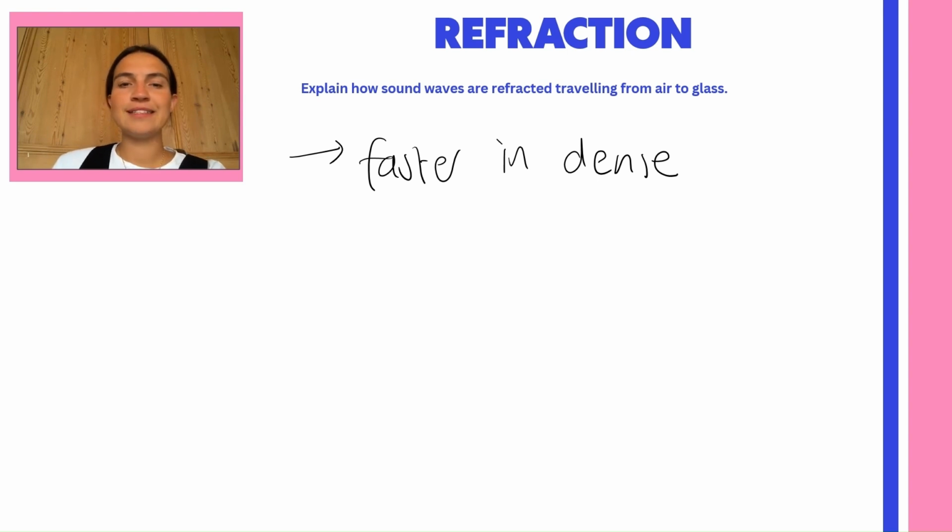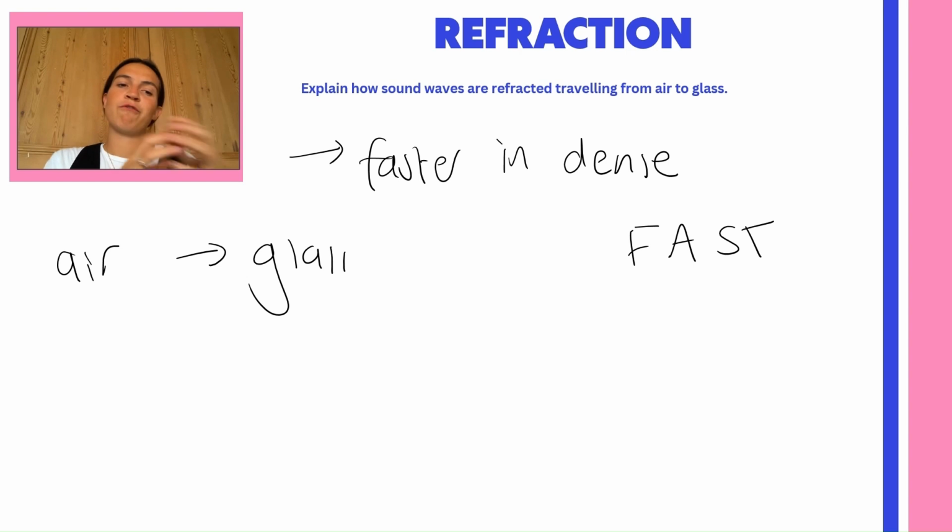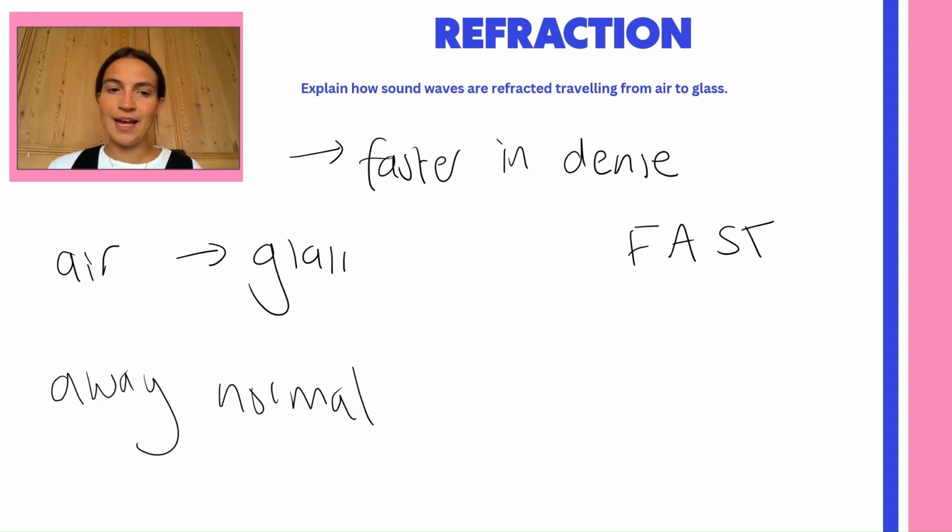But that means if a sound wave goes from air to glass, so something more dense, it travels faster. So if I then use my acronym for refraction, FAST, I have fast away. So my sound waves will move away from the normal going from air to glass, and that is the opposite way round to what happens to your light waves.